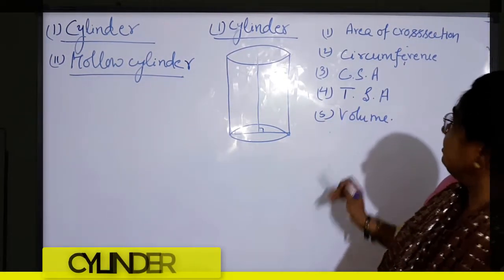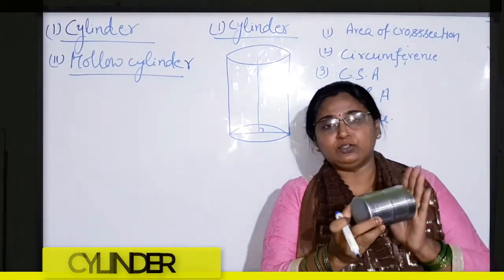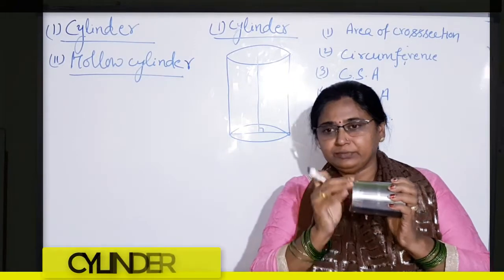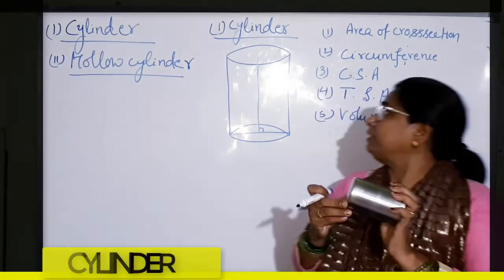For a cylinder, the base and top are both of the same area. The circle on this side and this side have the same area.